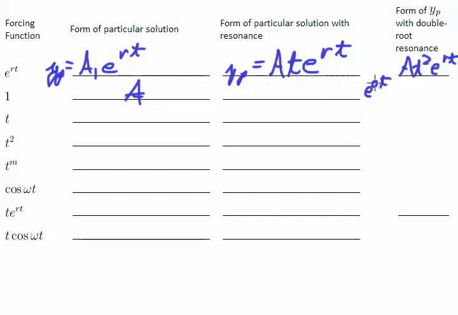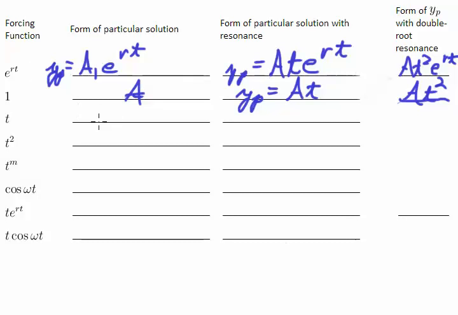If 0 is one of our roots, I think we will have y sub p equals just a times t. And if somehow it's just r plus 0 times r plus 0, I'm not sure what situation that might happen in, but we might have a t squared as our double root resonance.